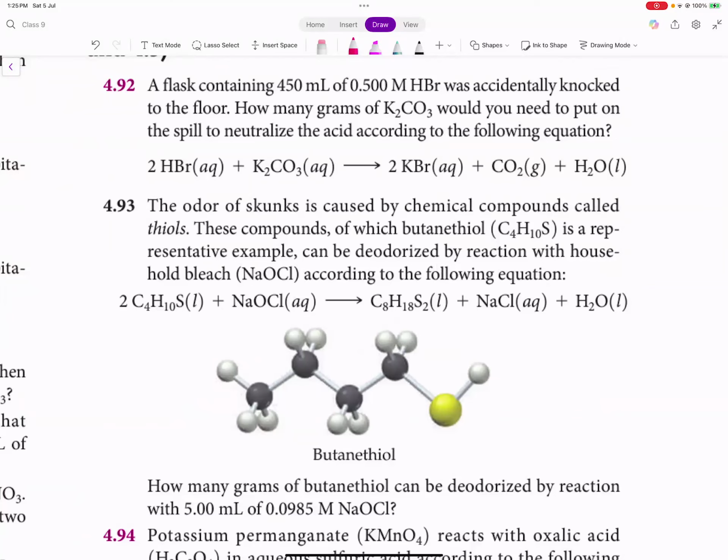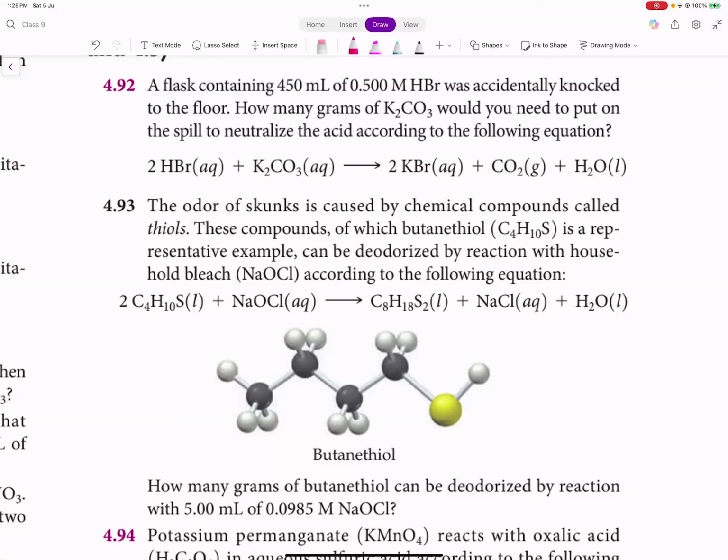Both of you are getting 100 ml. Interesting.